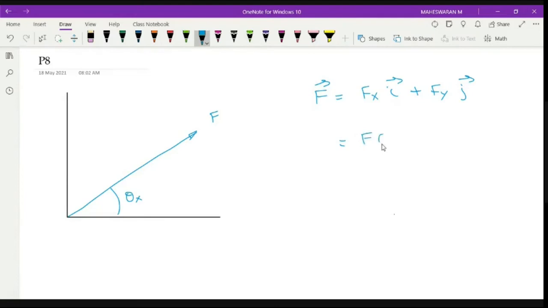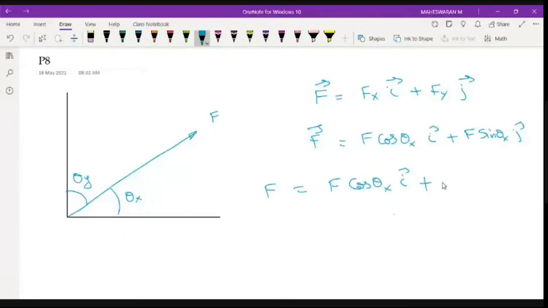Fx is F cos theta x, and Fy will be F sin theta x. These are the two values. I can also say that this is theta y. In that case, I can also write F is equal to F cos theta x I vector plus F cos theta y J vector. This is another term.